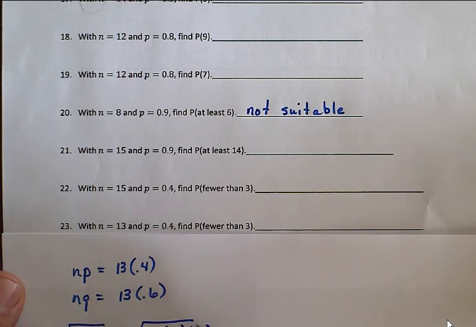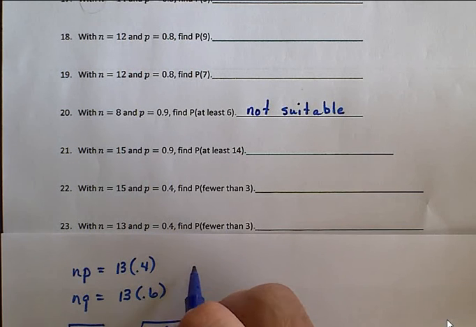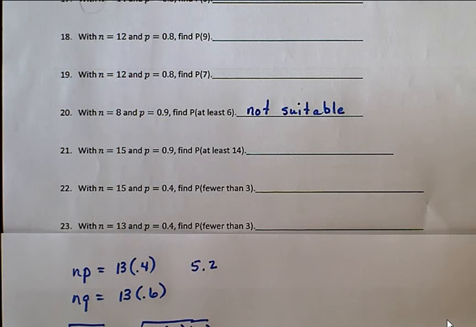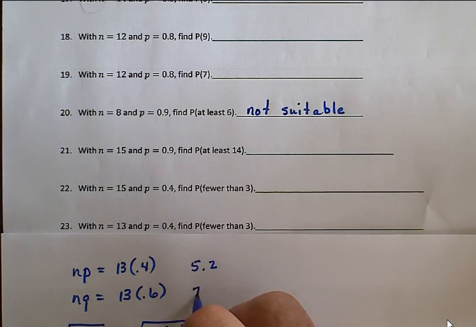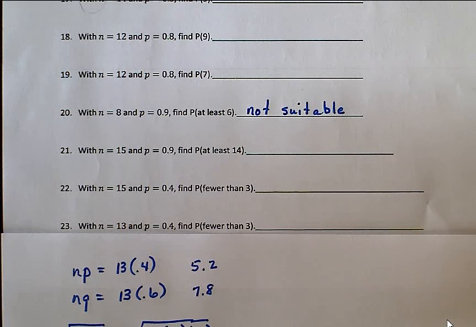Okay, so multiplying those, I get 5.2, which is good. And 7.8. Okay, so it passes the test, and it can be done.